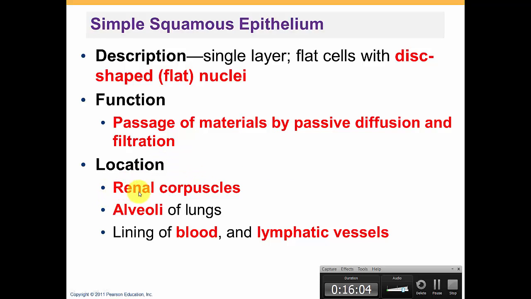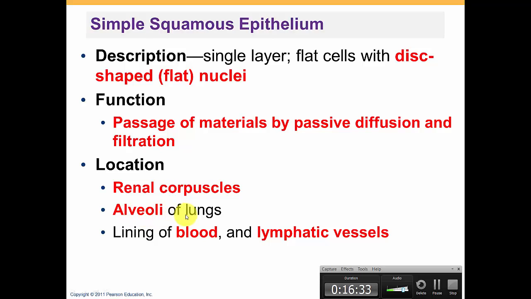We need this in the renal corpuscles, which is a place in the kidney where the filtration process happens. Basically, the fluid travels from the blood to the lumen of the kidney tubules, so it can become urine later on. So we need a lot of area that has a small height.